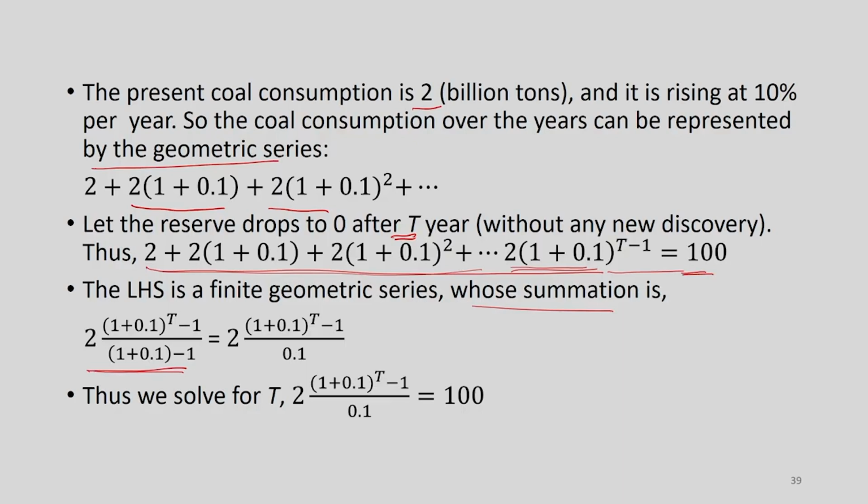So, this is the formula, and this simplifies to this expression, and we have to actually solve for capital T in this equation. The left hand side is the total consumption, the right hand side is the total reserve.